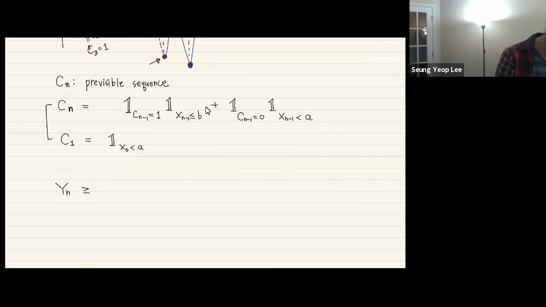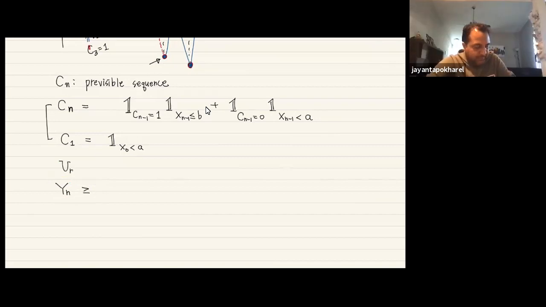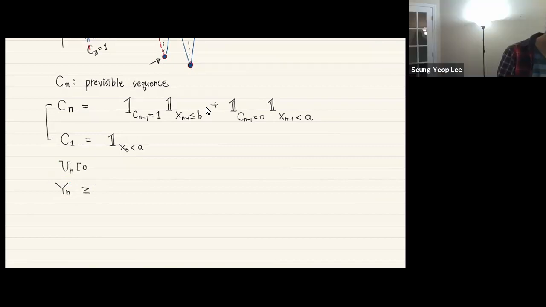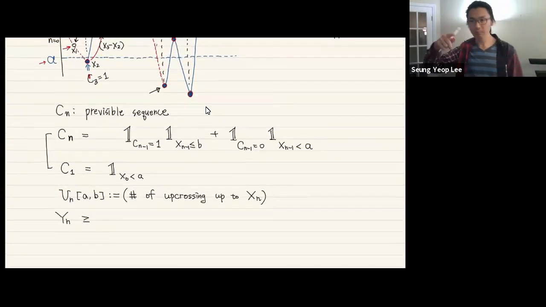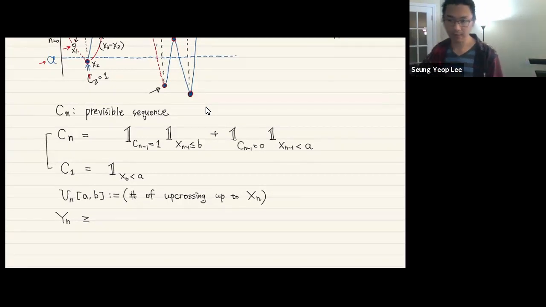Let's define UN of AB. That's the notation I define to be the number of up crossings up to XN. So just consider X1 to XN.